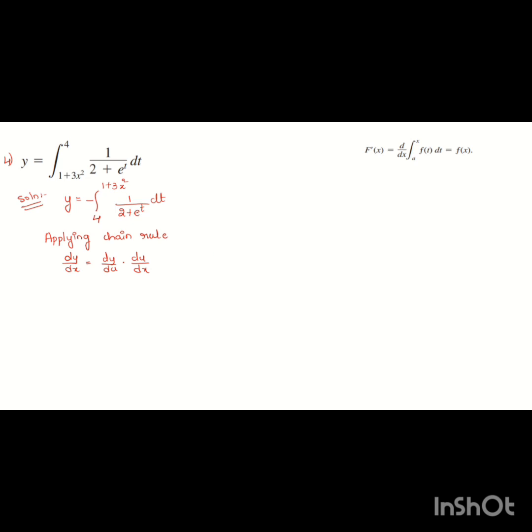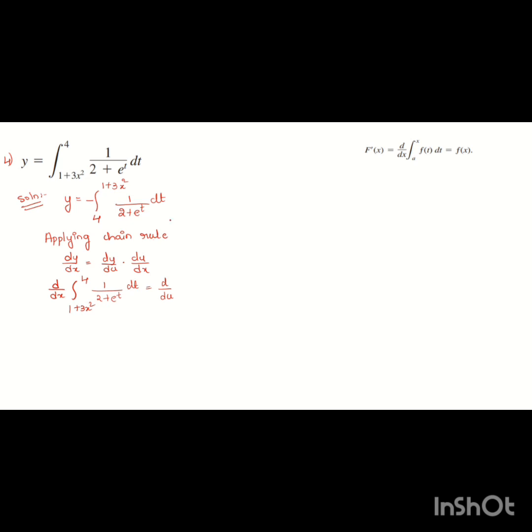Now since you know the value of y from the given equation, d/dx of the integral from 1 plus 3x square to 4 of 1 divided by 2 plus e power t dt equals d/du of y.